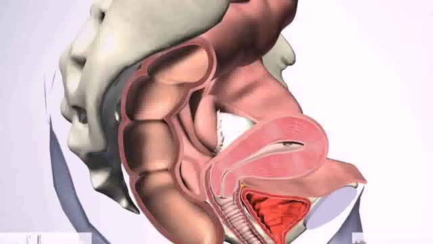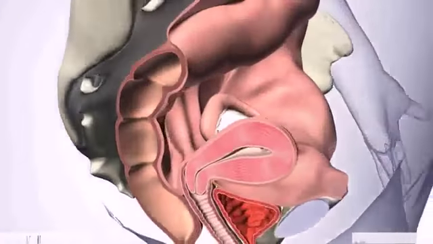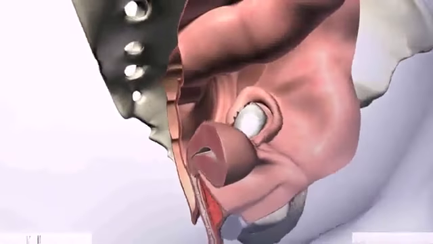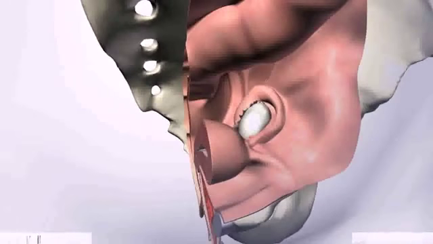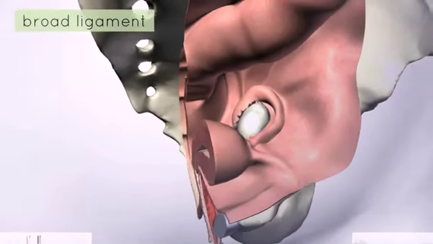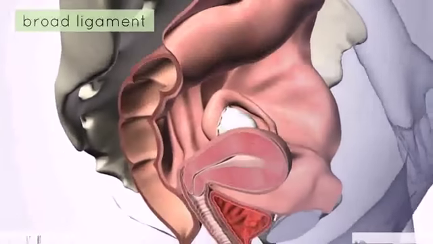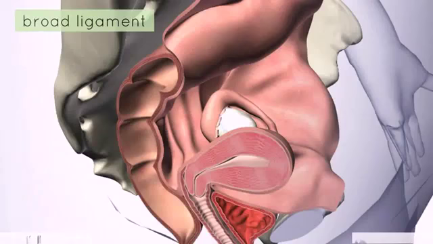So coming back to this model here, I'd like to take a look at the relationship of the broad ligament to the ovaries and the fallopian tubes, and some of the other ligaments which are formed by its folds. So the broad ligament itself is this flat sheet of peritoneum which drapes over the viscera, and it attaches from the side of the uterus to the pelvic side walls on either side.